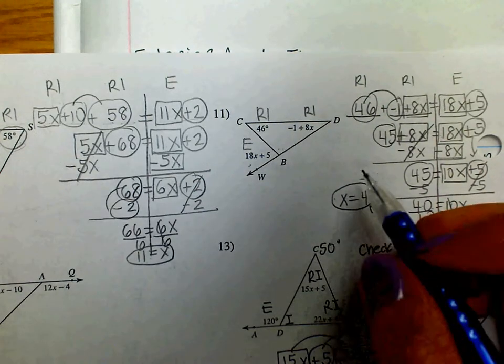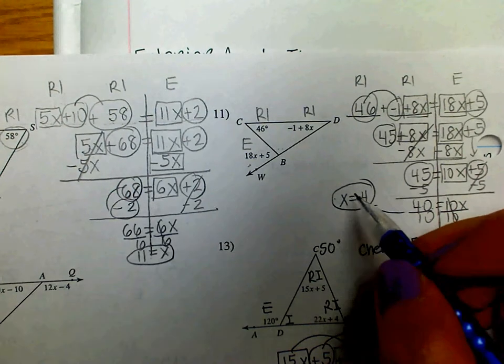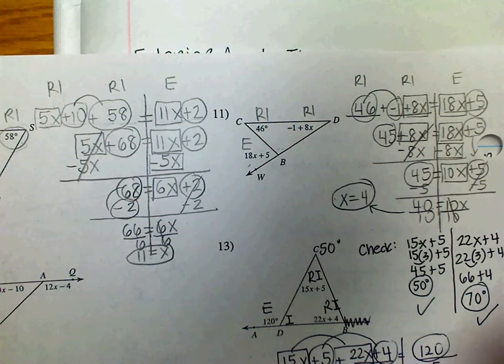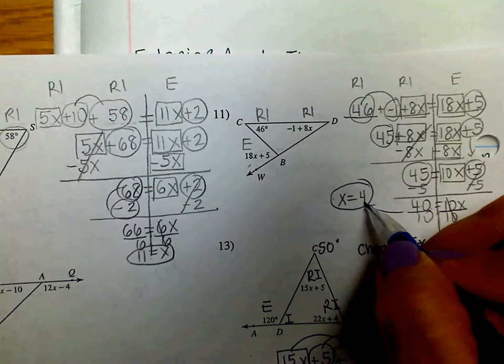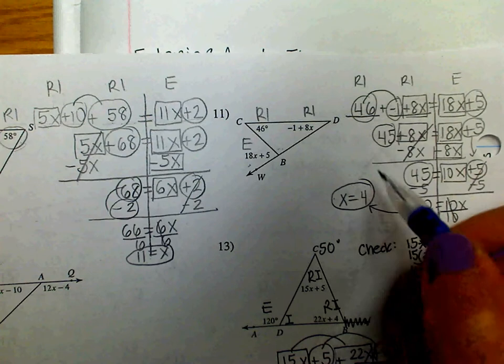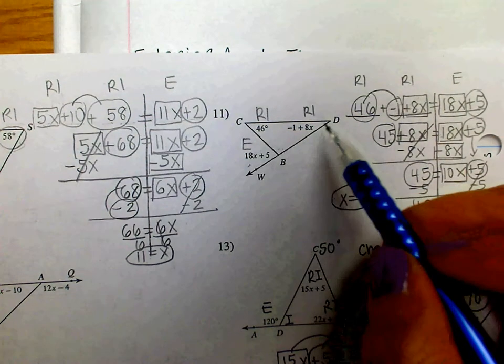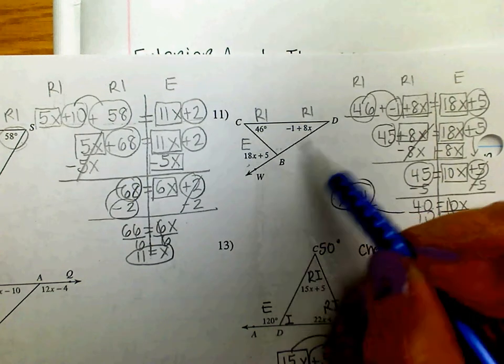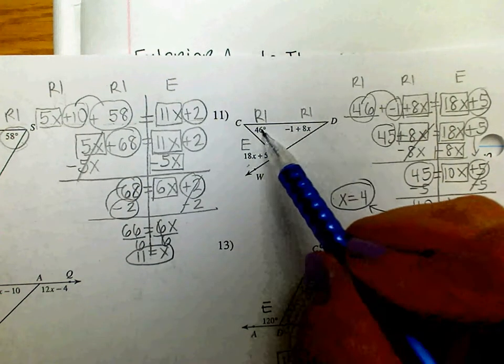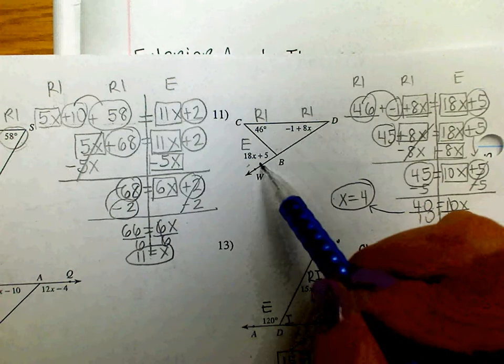I know that I have, answer the question because it said solve for x, so we found it, which again means that if I plug in the 4 here and I plug in the 4 here, then whatever this angle measure comes out to be, 46 plus that angle measure should equal the exterior angle measure.